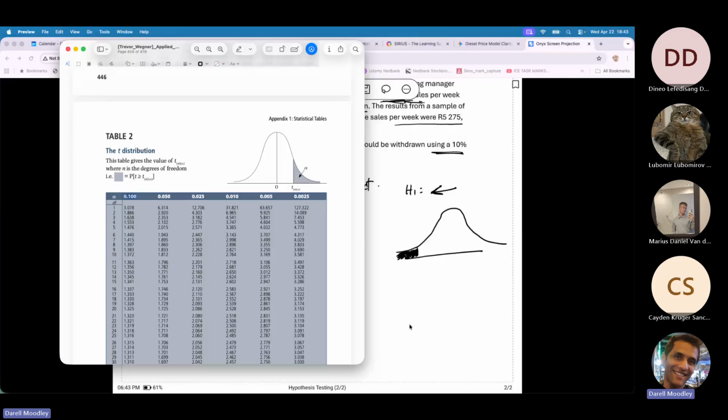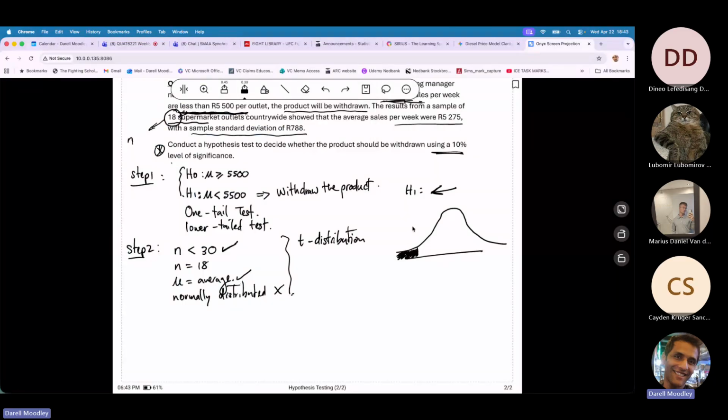Let's look at this curve here. Let me remove this curve and take you through it. So this is the same curve in your book, centered at 0.